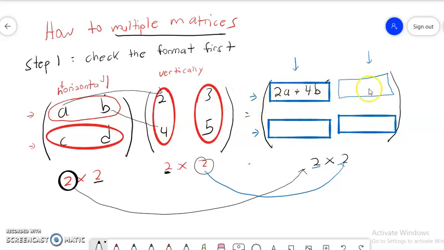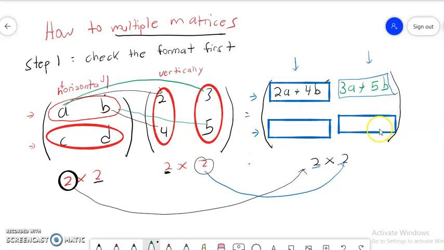Let's say you want to find the answer for the second box. You still take the first horizontal and your second vertical. So it will be 3 multiply with A, so you have 3A plus 5B.